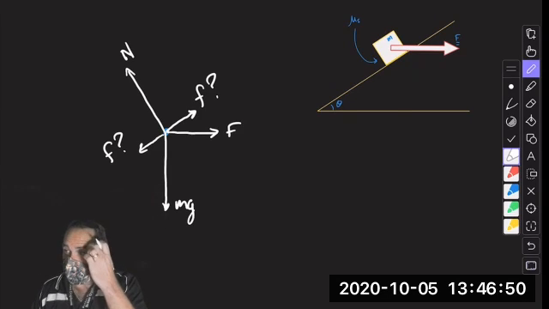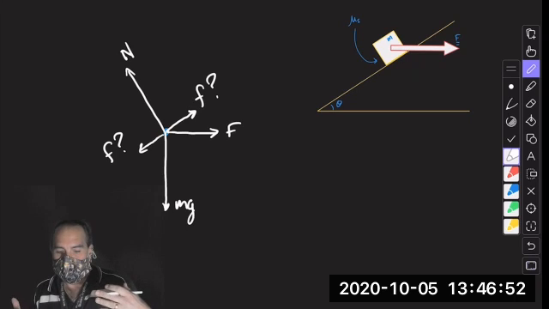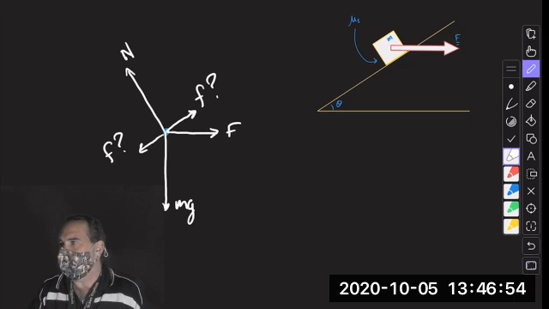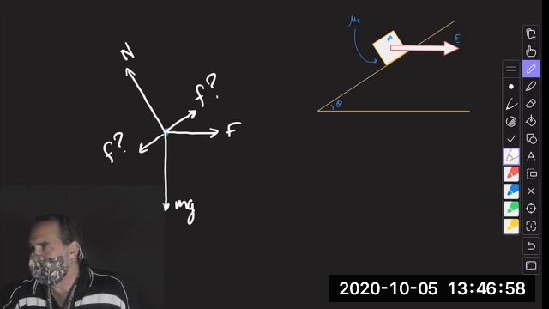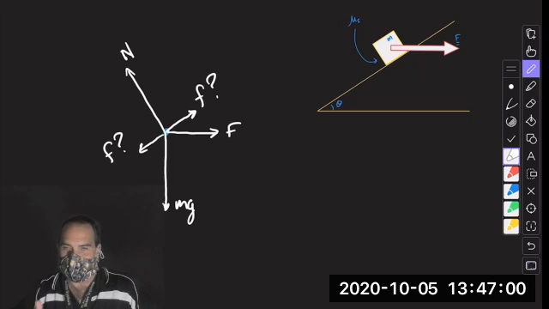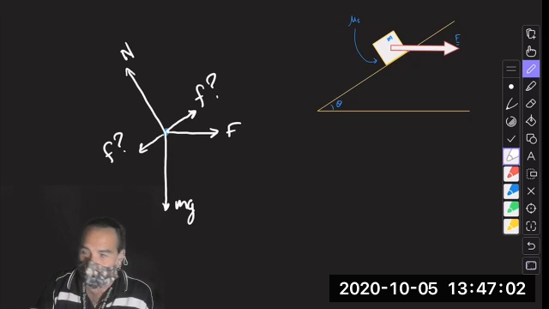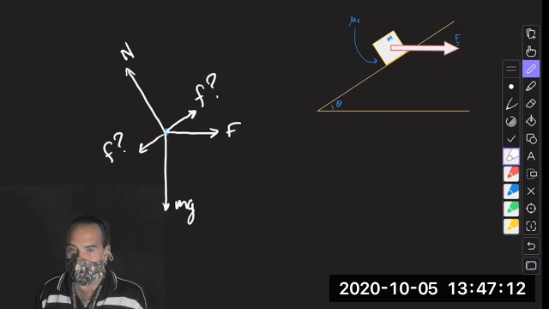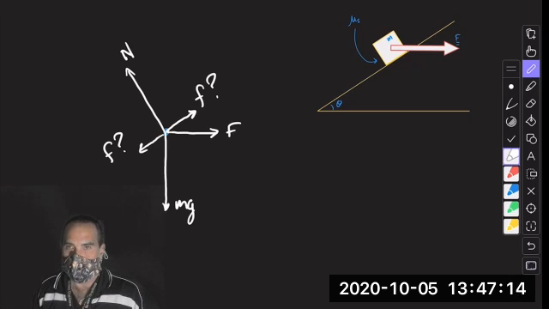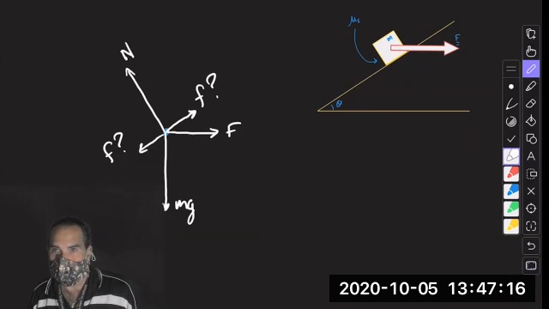Okay, since the bell rings here in just a minute, we do need to at least wrap this up a little bit. And I'm happy to work this out for you, but I don't think it'll work out in 1 minute. You've got both of these possibilities. You push too hard, friction's going to be down the ramp. You don't push hard enough, friction's going to be up the ramp.